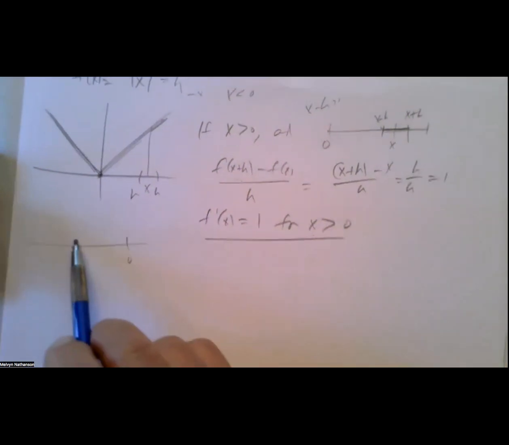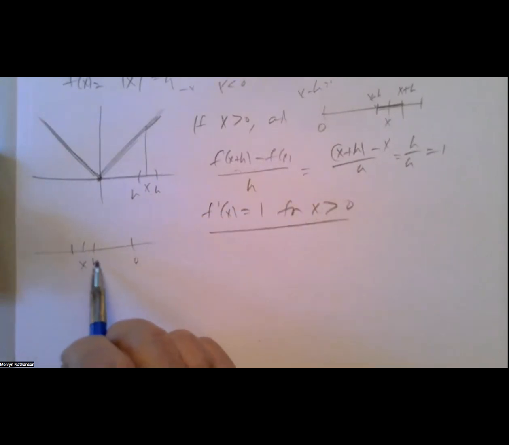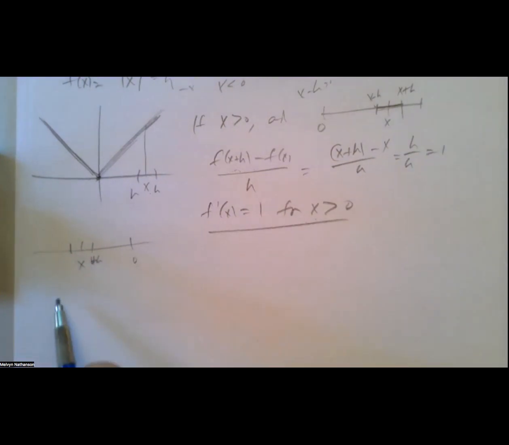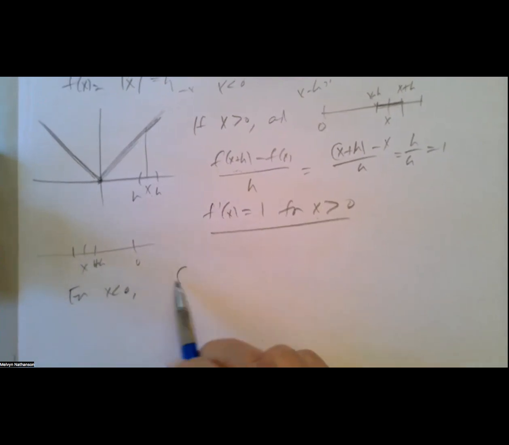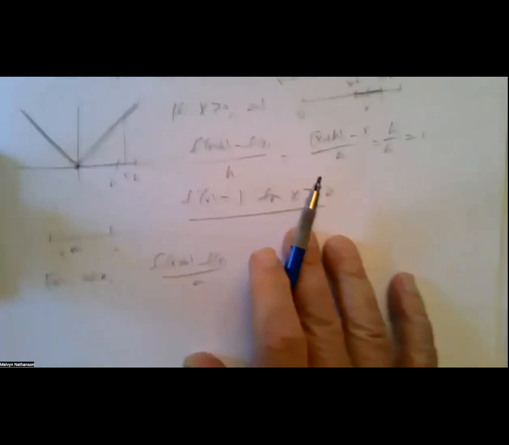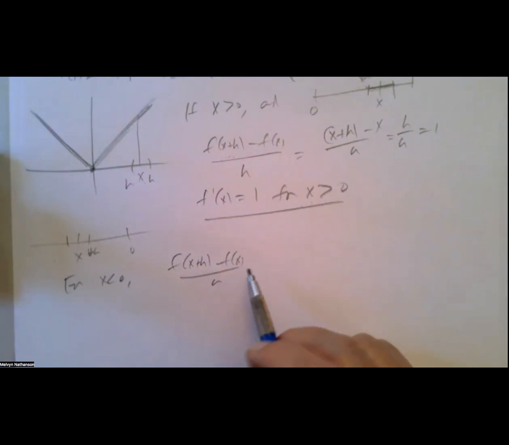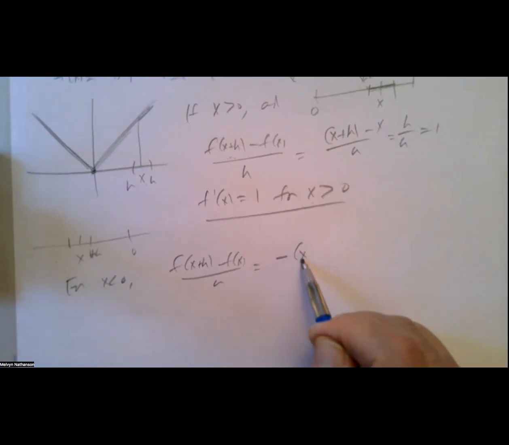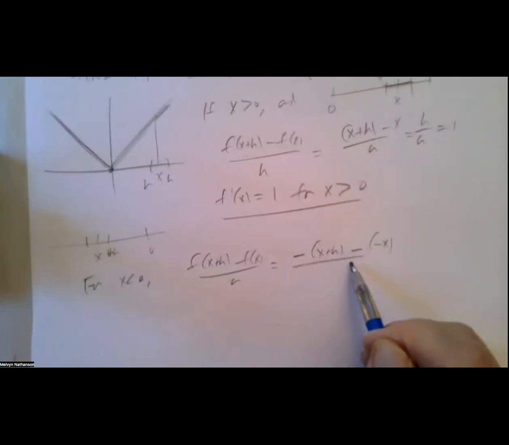Suppose we have x negative, and we take some small value of h, so x plus h is still less than 0. In this case, so for x less than 0, f of x plus h minus f of x over h, if x and x plus h are negative, f of x is minus x. So this is minus x plus h minus x over h.